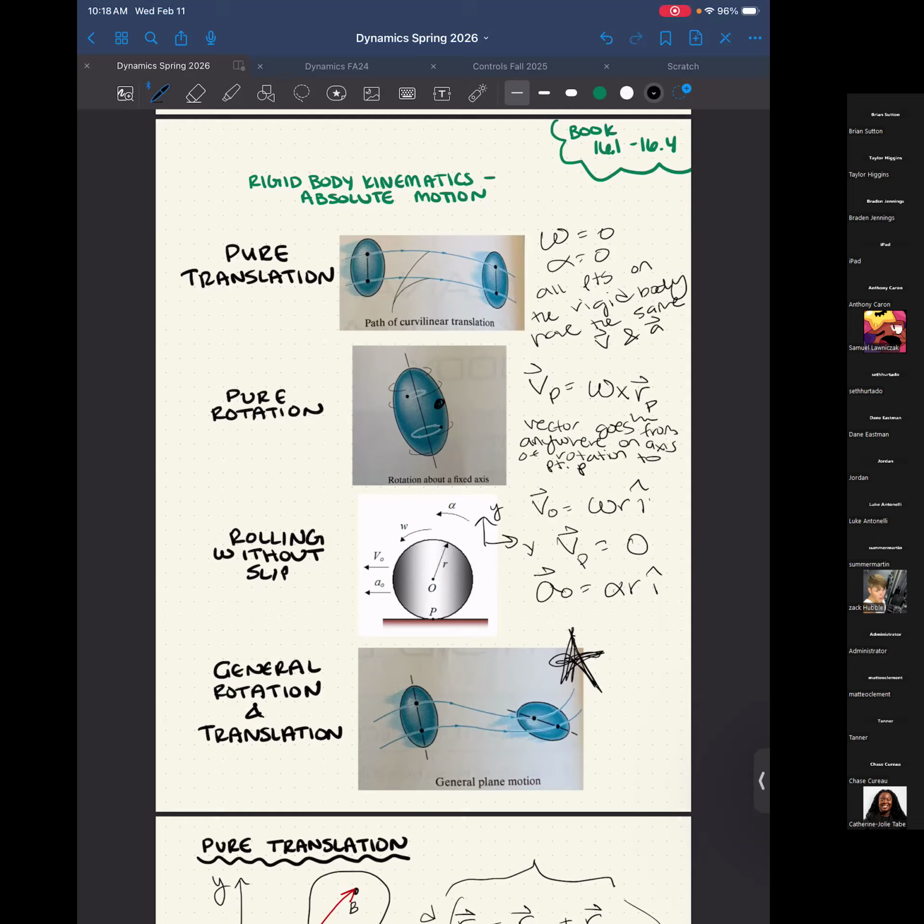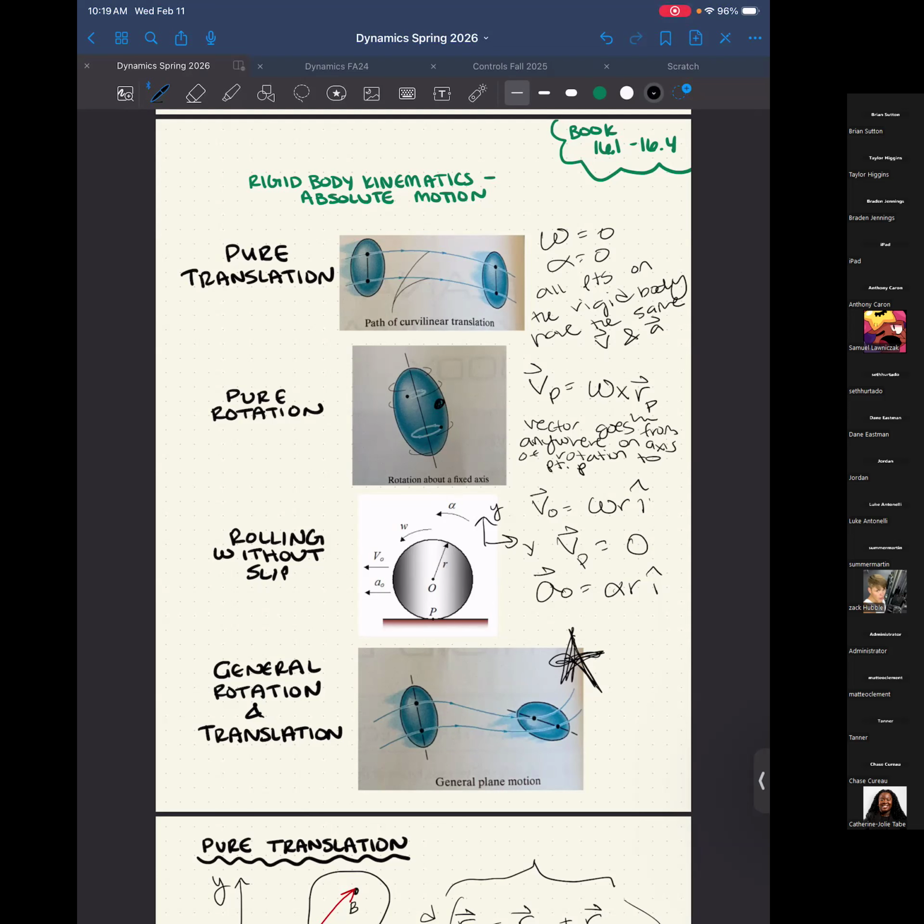And then acceleration. I forget what I give you for acceleration. It's on the equation sheet. Well, I guess I can pull up the equation sheet. Is it just alpha cross r P plus omega cross omega cross r P?